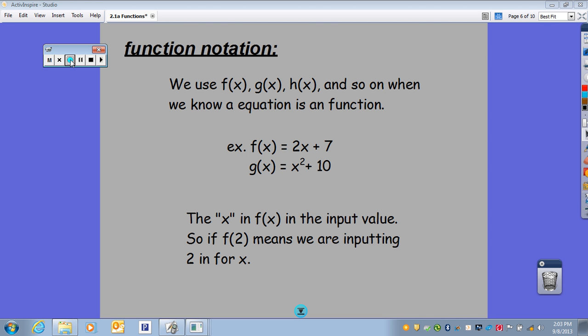But the y is a function of x. In other words, whatever we get as an answer for y depended on what we used as x in the first place. The x in f of x is the input value. So if f of 2, that means we are inputting 2 in for the x value to get our answer, our output.